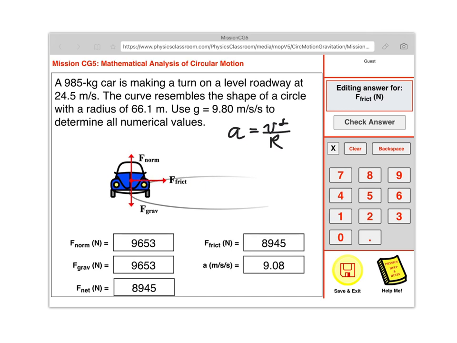And then we calculate the acceleration, v squared over r, and I get that. If I multiply the acceleration times the mass, I get the net force. The friction force is the only force, so those will be equal.